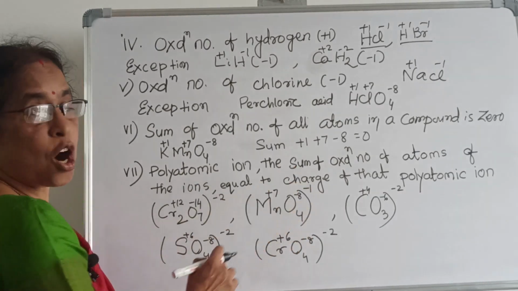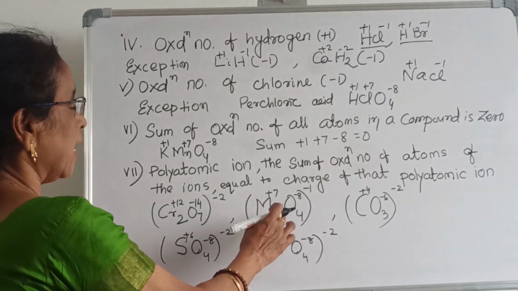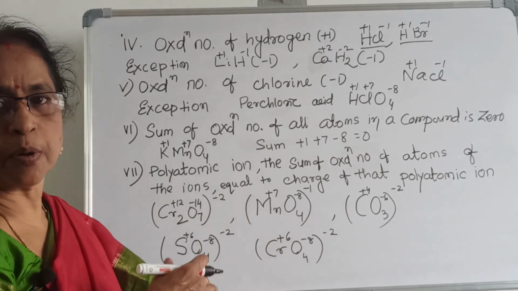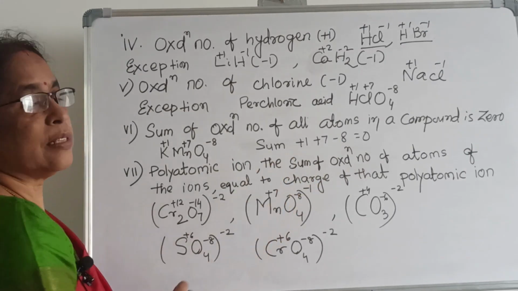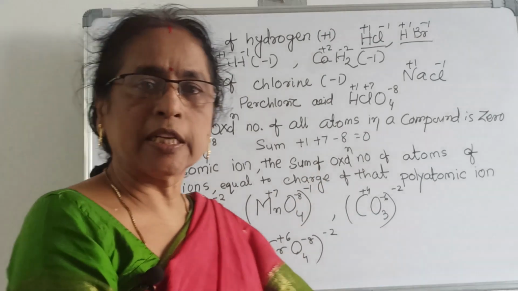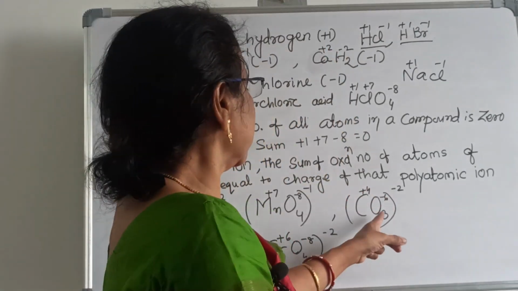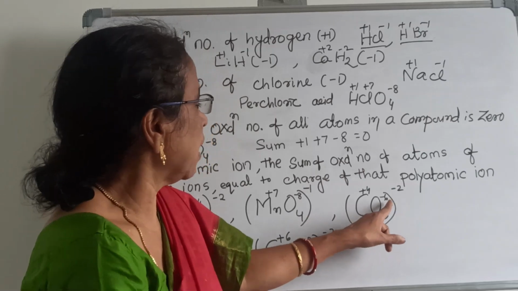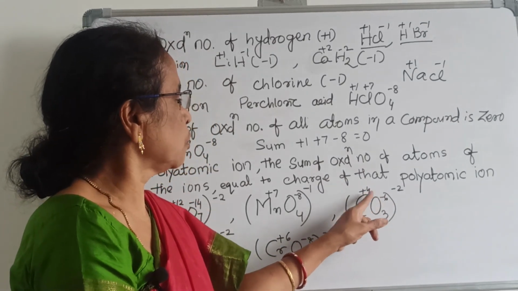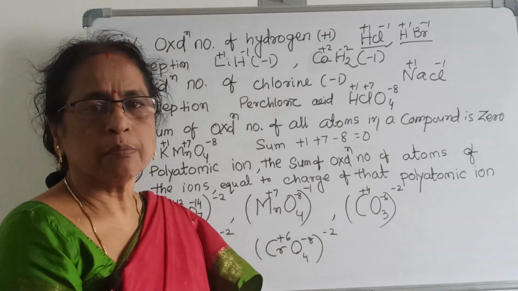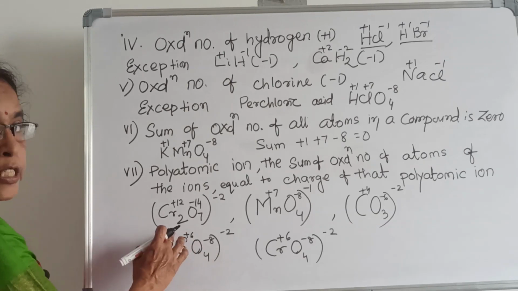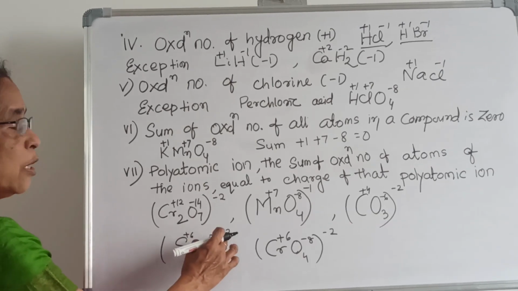Permanganate ion, where the charge or oxidation number is minus 1, and oxygen is minus 2 into 4, minus 8, manganese plus 7. That is why the charge of the permanganate ion is minus 1. Similarly, carbonate ion, where it is 3 into minus 2, minus 6, and carbon is plus 4. You add these two and the sum becomes minus 2. Similarly, sulfate, where it is minus 8, plus 6, so the sum becomes minus 2.